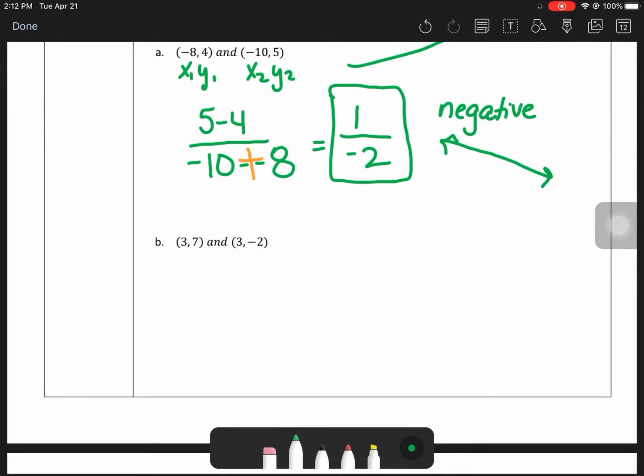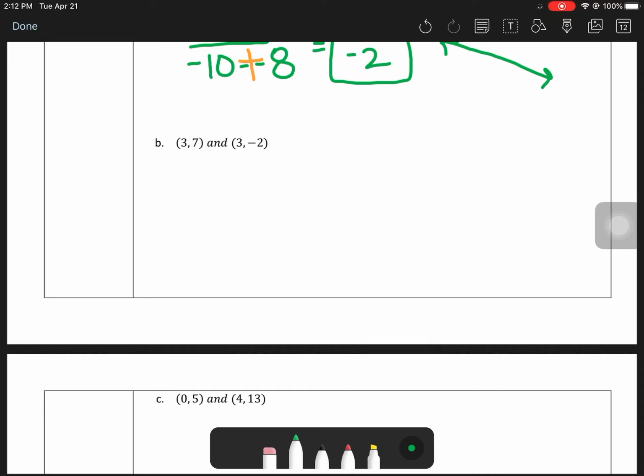In the next problem, we're going to label our points again as x1, y1, and x2, y2. So we're going to subtract the y's, negative 2 minus 7. And then we're going to subtract the x's, 3 minus 3.